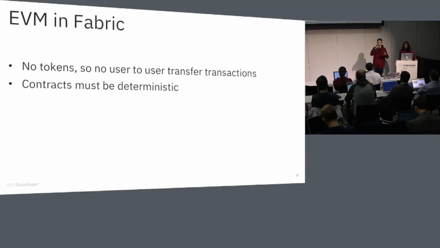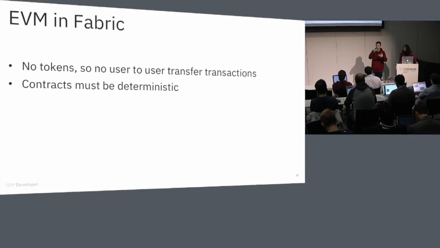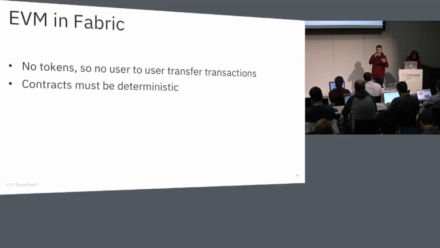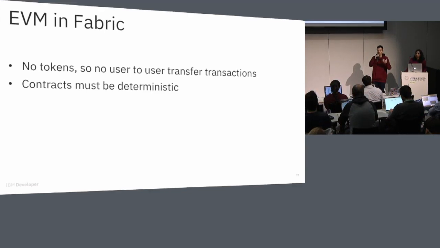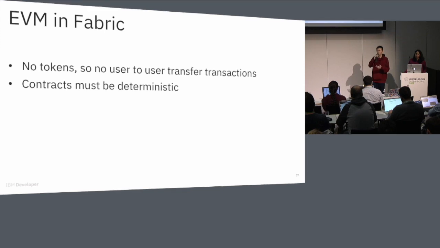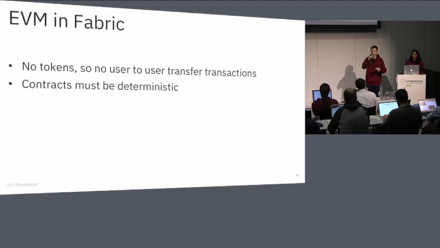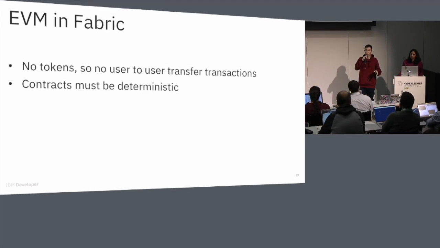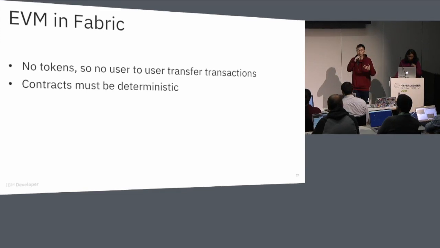Since we're adding permission, in Fabric we expect users to be authenticated, using a certificate to interact with the network. It's not like in Ethereum where you can just add an arbitrary user and send transactions. So we still expect people to use their known certificate or belong to a certain organization.